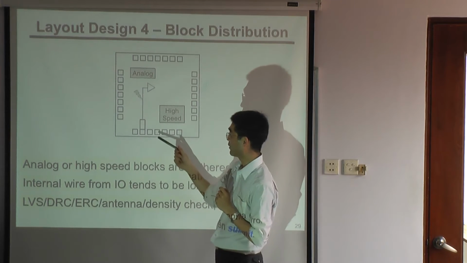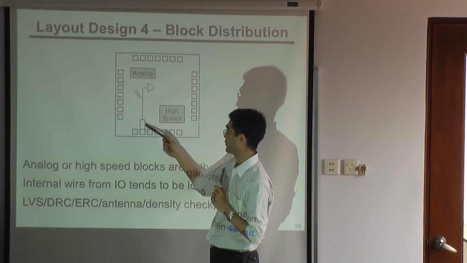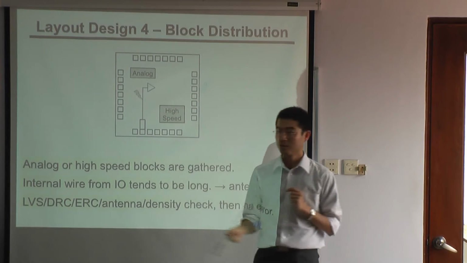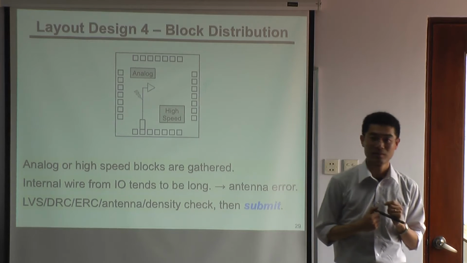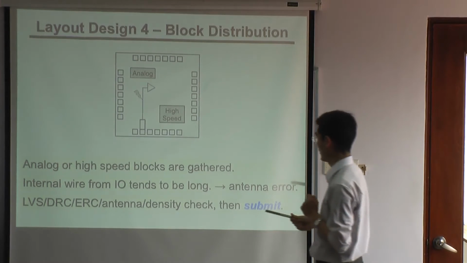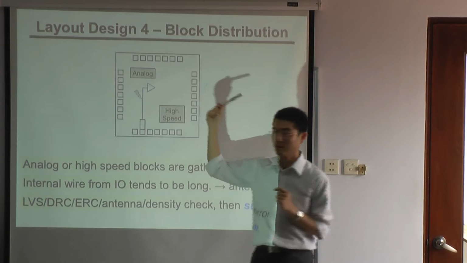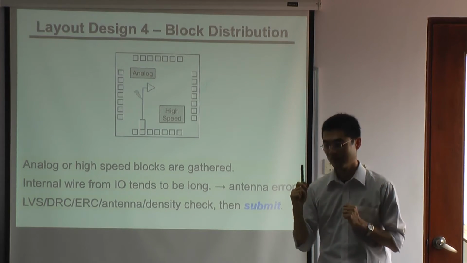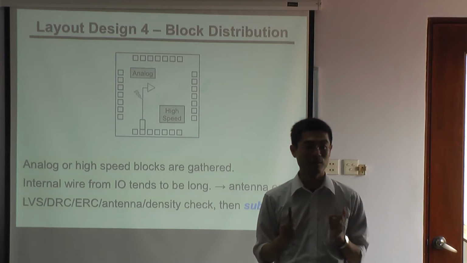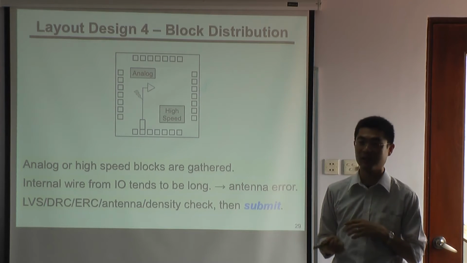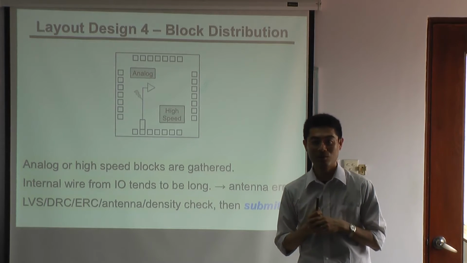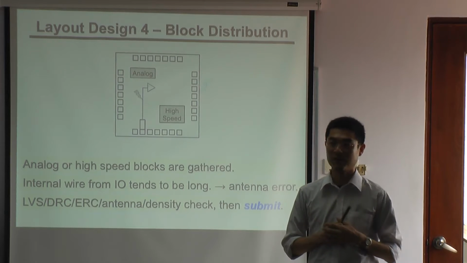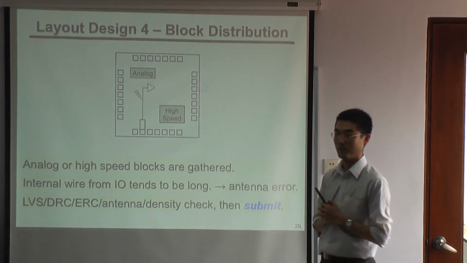And internal wires, for example from an input IO, tend to be long. Long wires are prone to antenna errors, and antenna errors are also a nightmare. You will have antenna errors at the final stage of your design, maybe one day before the deadline. You will have a nightmare at that stage.